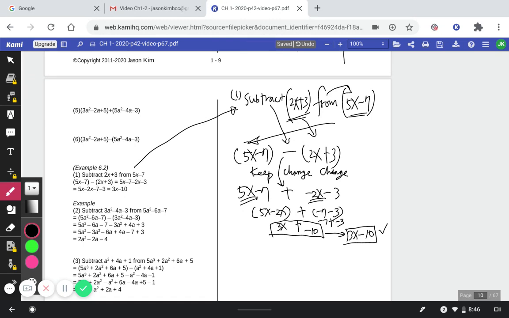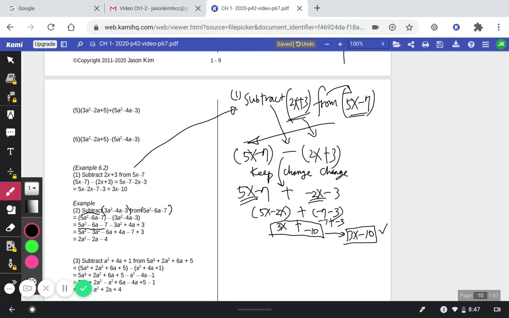Now another example is subtract this group from this group. So you write the second group first, minus the first group, and then you keep change. You keep the first one.